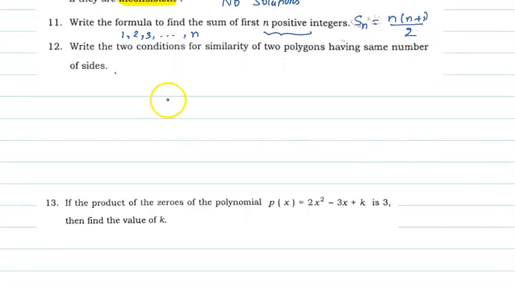Now write the two conditions for similarity of two polygons having the same number of sides.